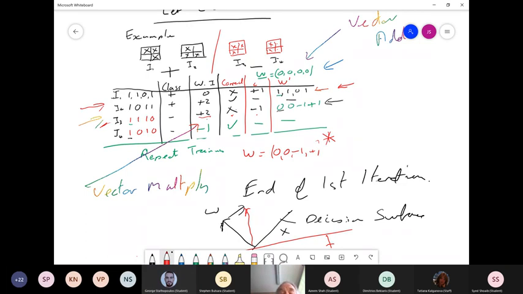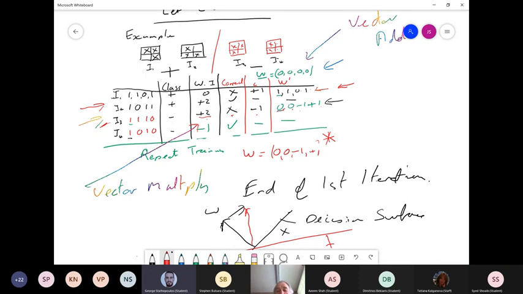So it will be 1 minus 1 is 0. 1 minus 1 is 0. 0 minus 1 is -1. 1 minus 0 is +1. Why is it 1 minus 0 and not 1 minus 1?